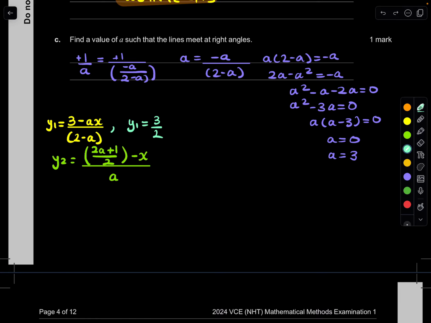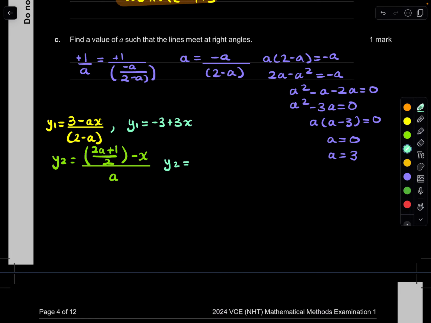Now, we can also check A equals 3. We have the time, so let's do it. Subbing into y1, it becomes 3 minus 3x, all divided by 2 minus 3, which is -1. That's our y1. What about y2?